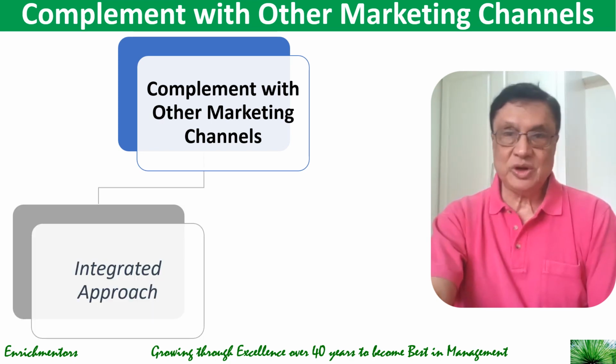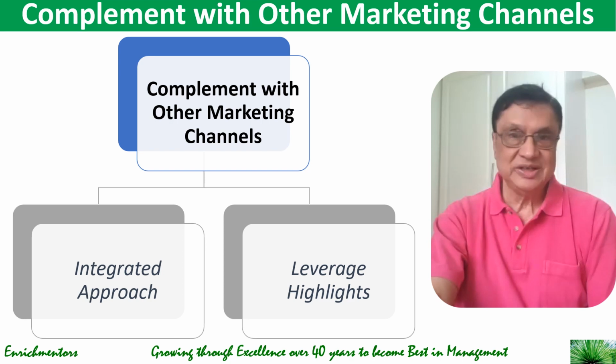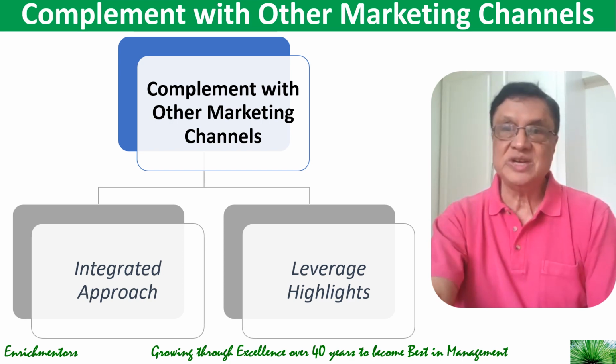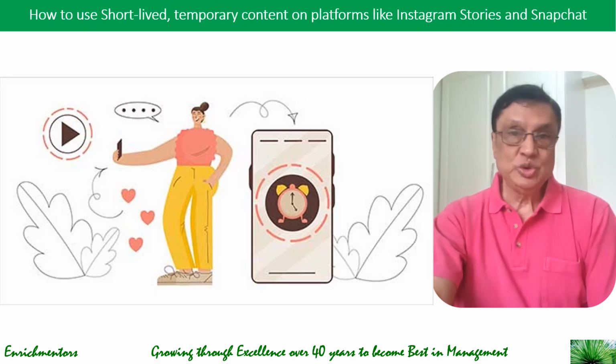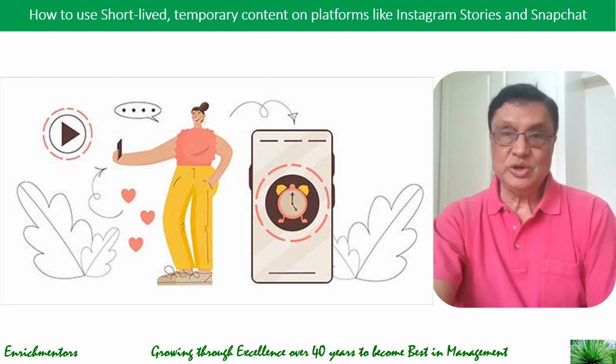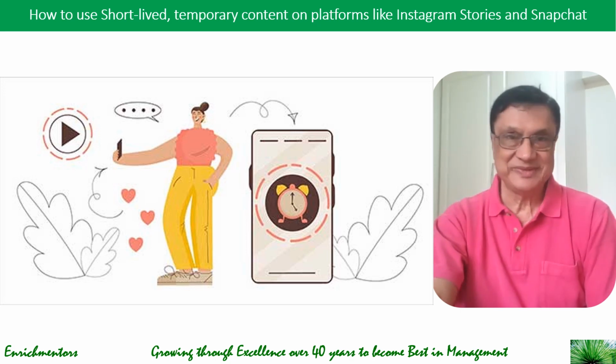Integrate your short-lived content strategy with other marketing channels for a cohesive brand presence, and leverage highlights. Use highlights to showcase selected stories beyond their 24-hour lifespan. So, by using short-lived temporary content in your marketing mix with a thoughtful strategy, you can create a sense of immediacy, interactivity, and authenticity that resonates with today's digitally savvy audience.